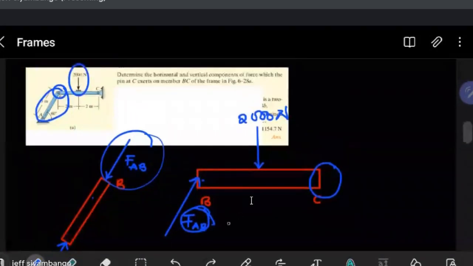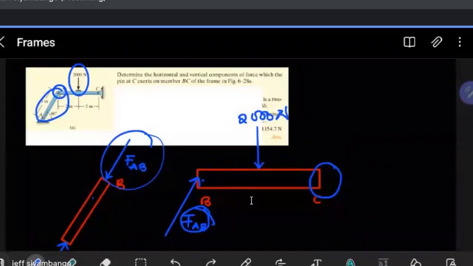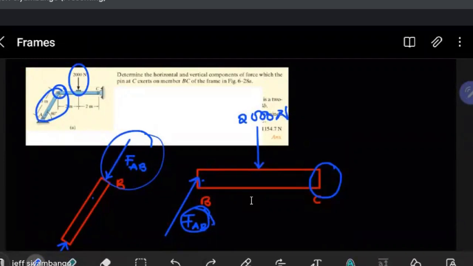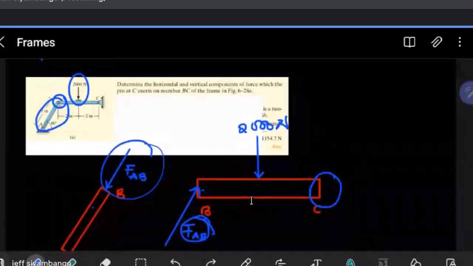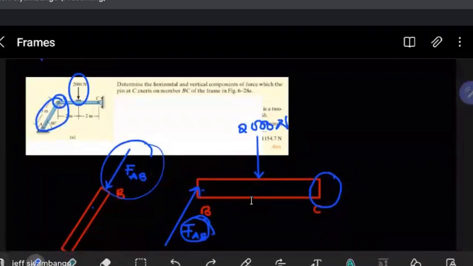If we started with BC. Yes, if we started with B, the force we're going to draw horizontally, right? In the horizontal axis. Which force is that? The force at B or the force at C? Both of them. FBC is going to go in through the left side and the right side.